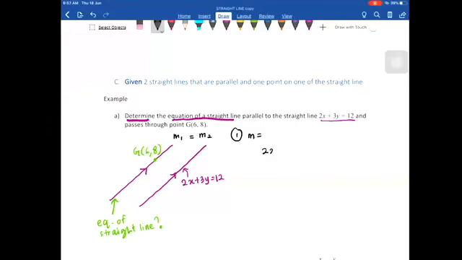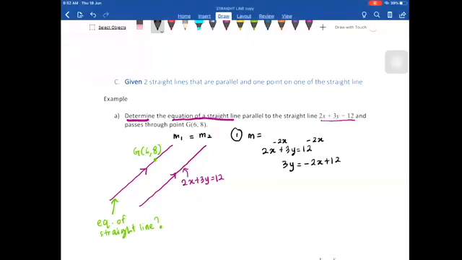So 2x plus 3y equals to 12. So nak cari gradient I have to change ini kepada bentuk y equals to mx plus c. So saya letak x sebelah sana. So 3y equals to negative 2x plus 12. And then my y coefficient mesti 1.